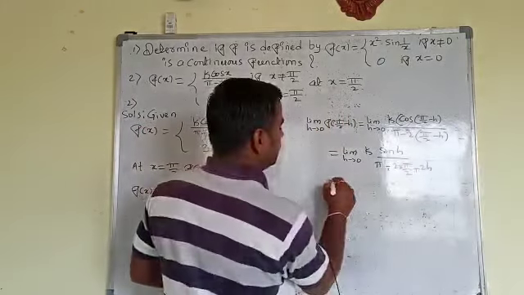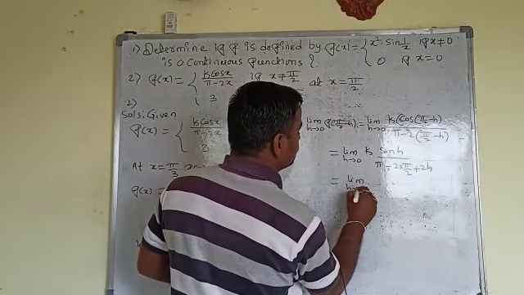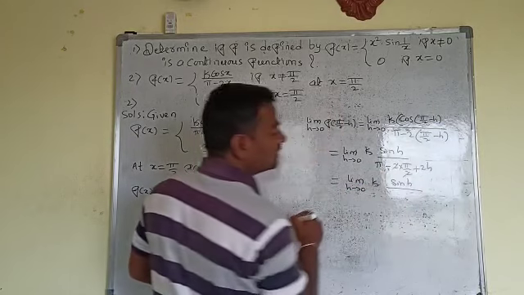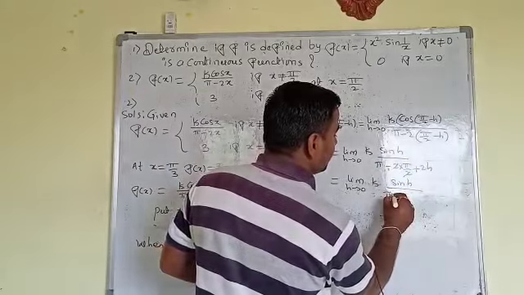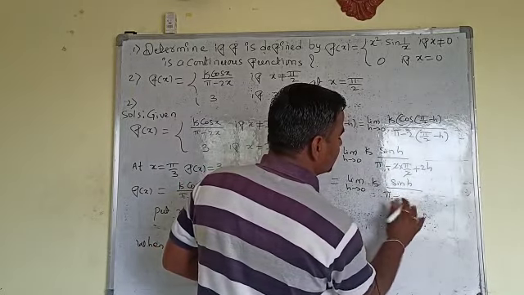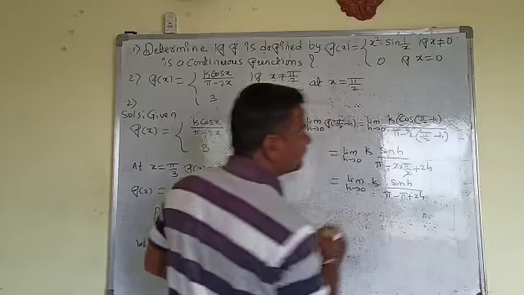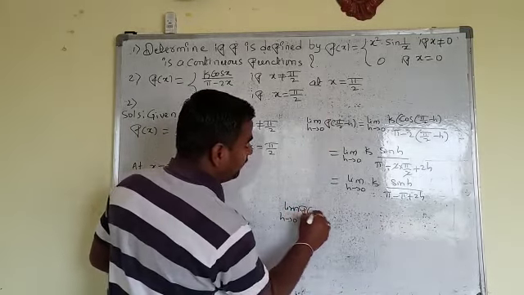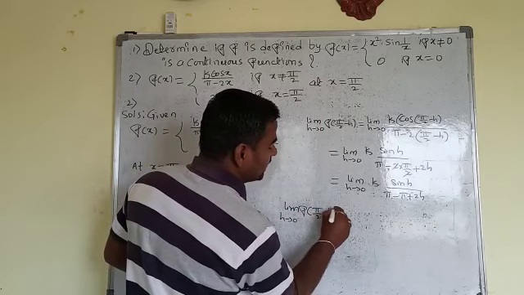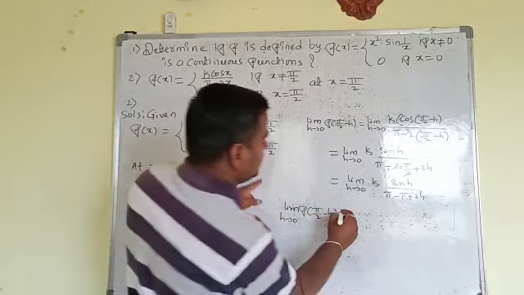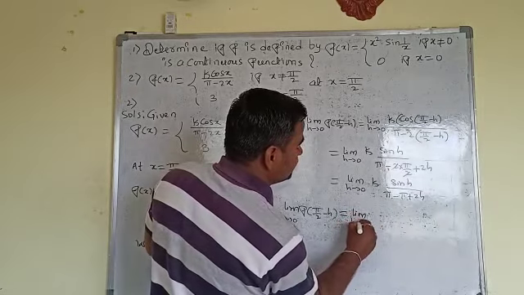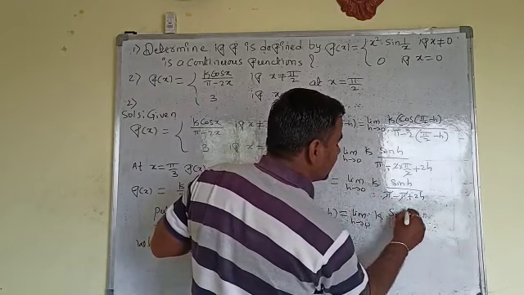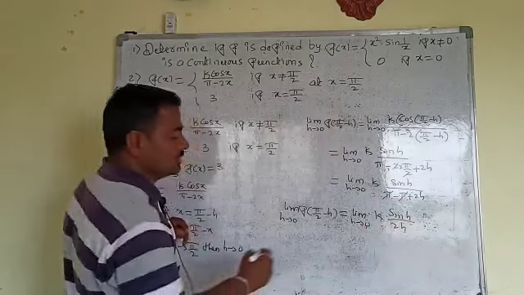So limit h tends to 0, k sin h divided by 2h, the pi gets cancelled.